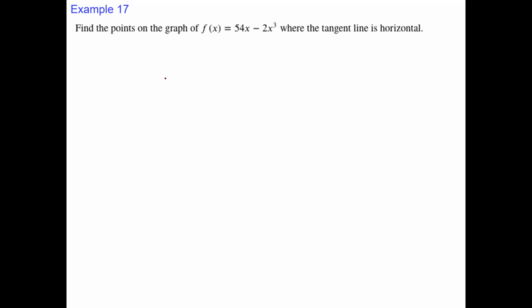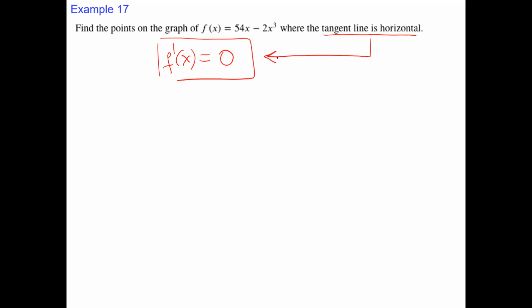We want all of the points where the tangent line is horizontal. The condition for a horizontal tangent is derivative equals 0. If we solve this equation, we get all of the points where the tangent is horizontal.